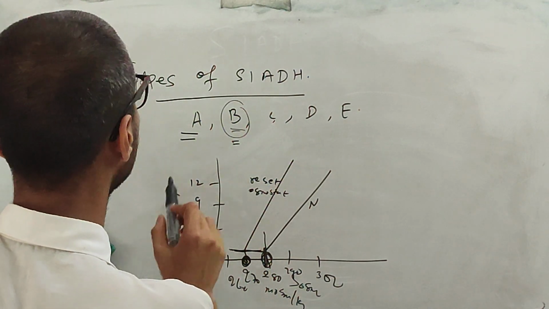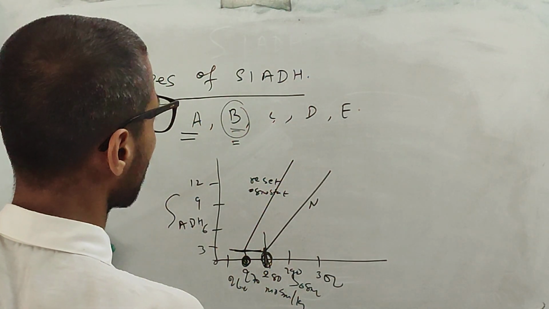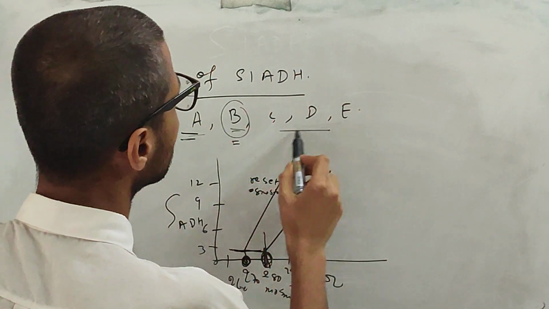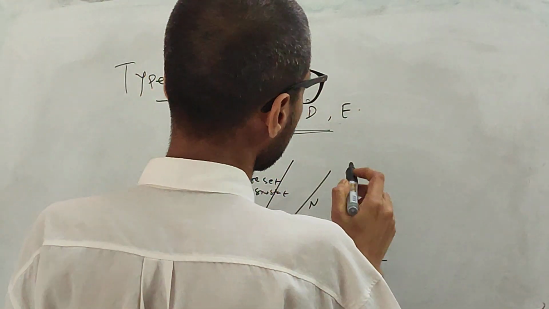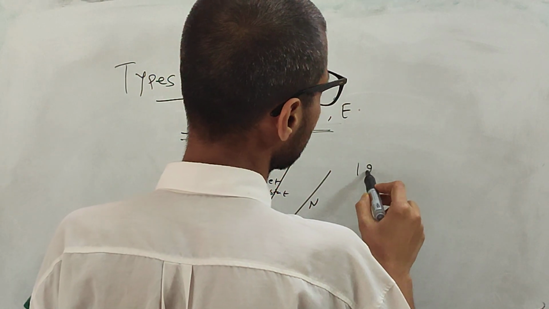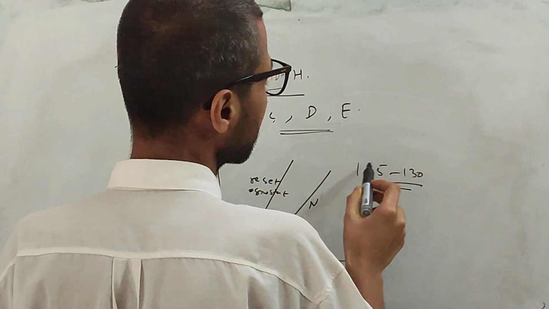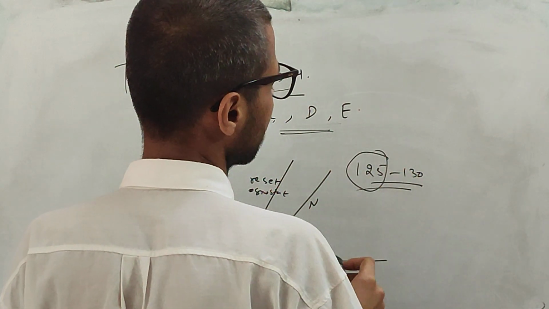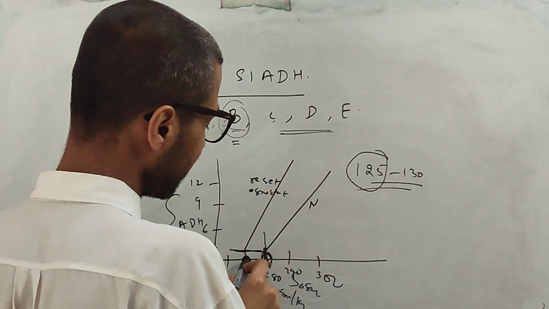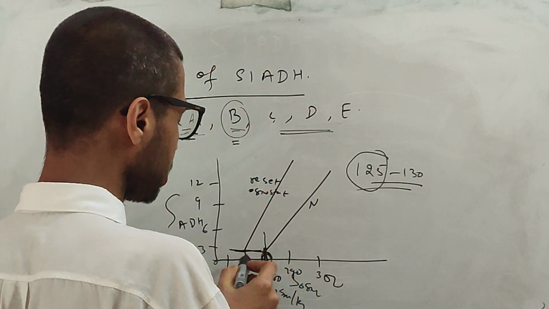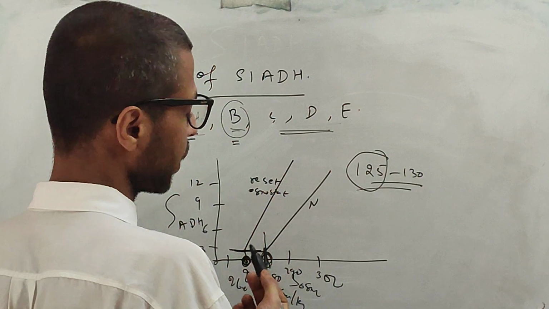Why do you need to know type B SIADH? Why is it different from other types of SIADH? Because in this type of patient the serum sodium concentration is like 125, 130, in the lower range, but it does not decrease more than this. Because when it falls more than 270, then ADH becomes suppressed.